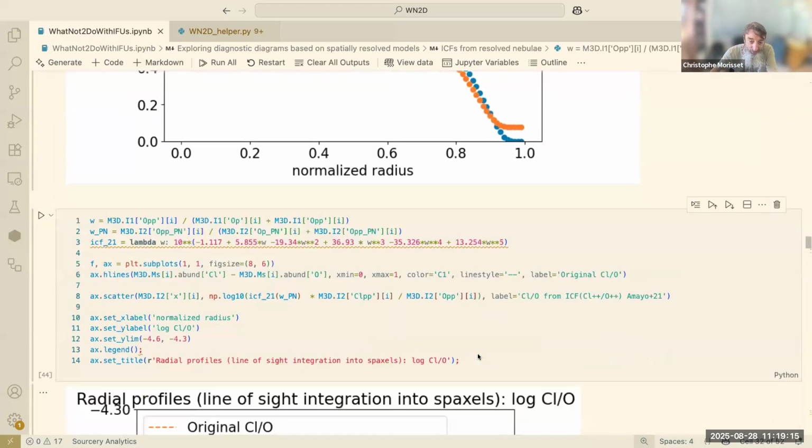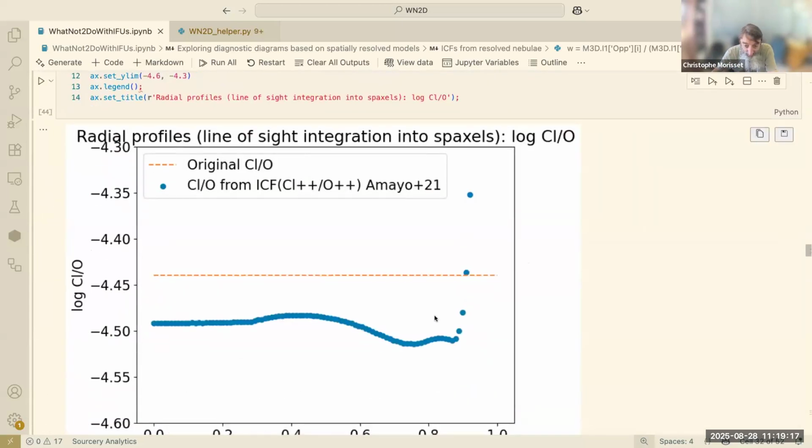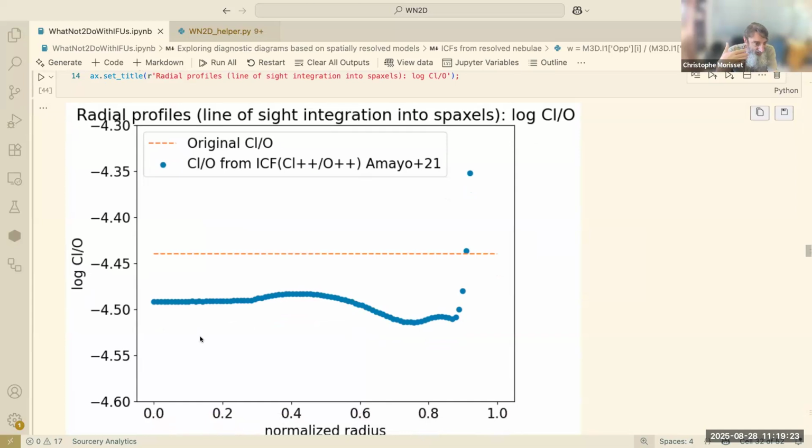So that's good. And you say, okay, there is a shift here, but there are no wrong abundance gradients that appear due to the ICF. So chlorine over oxygen, which is constant in my model, this is one single model here, okay? It's not a grid of models, it's one of the models. The abundance is constant.